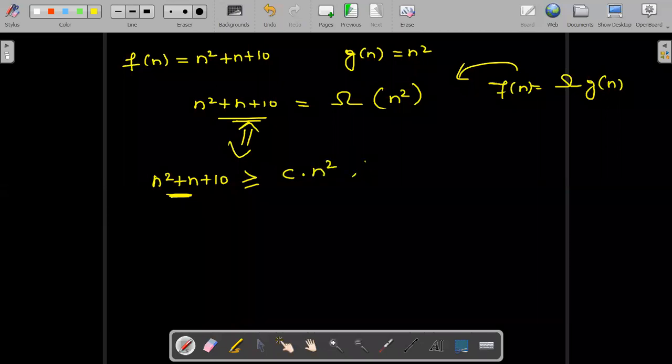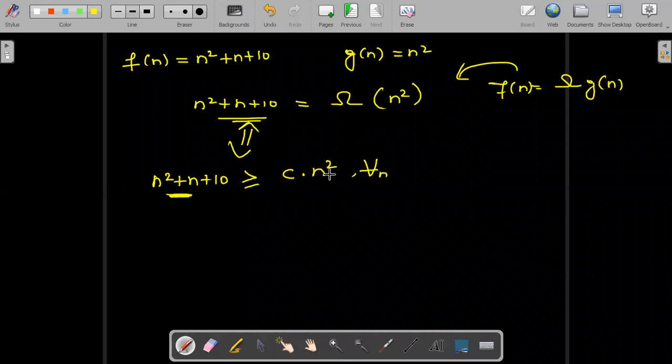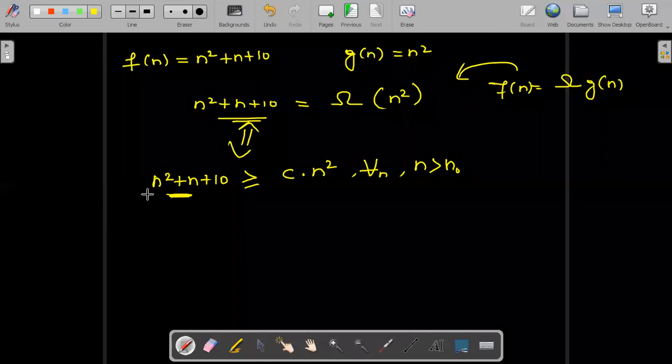For all n values, n should be greater than or equal to a constant n naught. All n values must be satisfied. Whether your algorithm takes input or not, it has to give one output. That is why the constant makes a difference here.